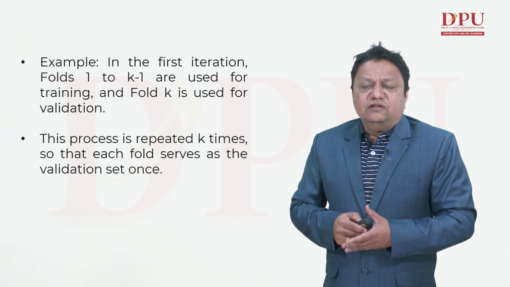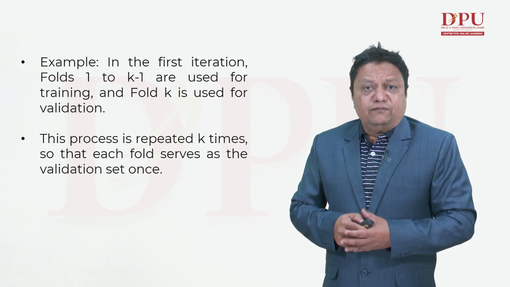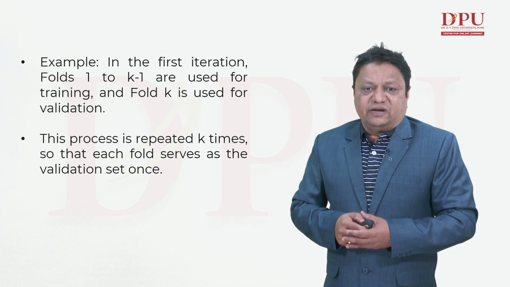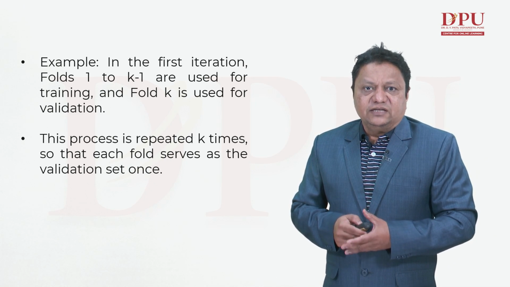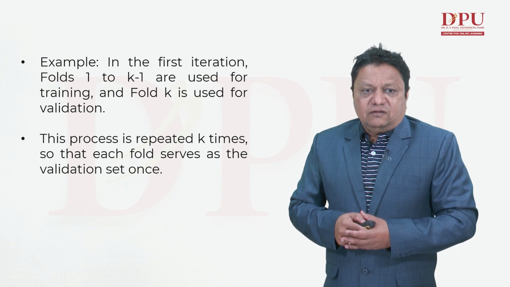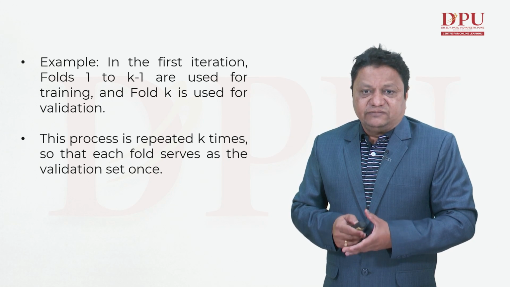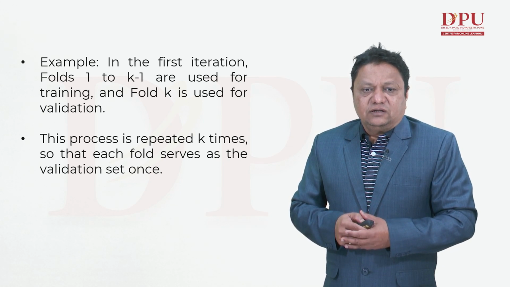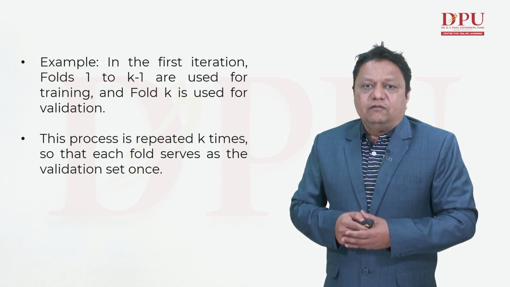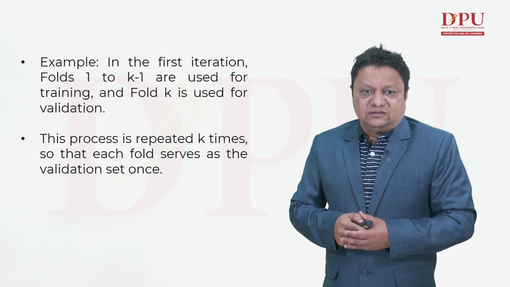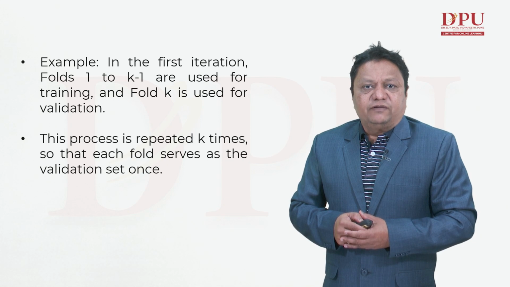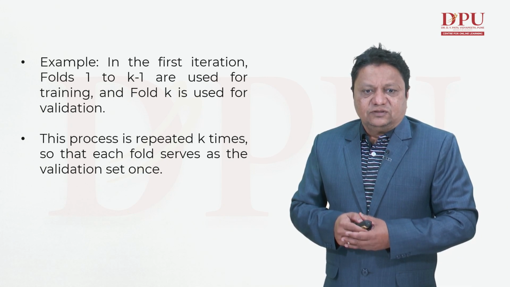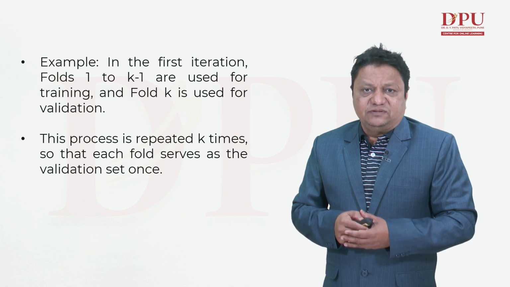For example, in the first iteration, folds 1 to k minus 1 are used for training and fold k is used for validation. This process is repeated k number of times, each time with a different validation set.